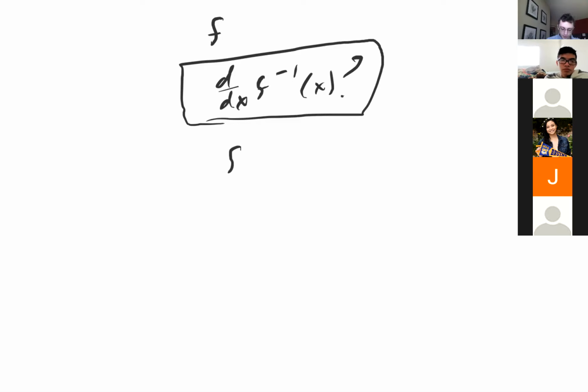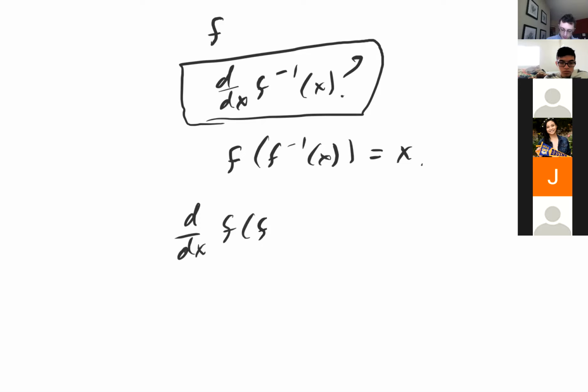The first and key insight is that f of f inverse of x is equal to x. It's very simple, but it's key to finding the derivative of the inverse. Now let's take a derivative of this on both sides. So d dx of f of f inverse of x equals d dx of x.